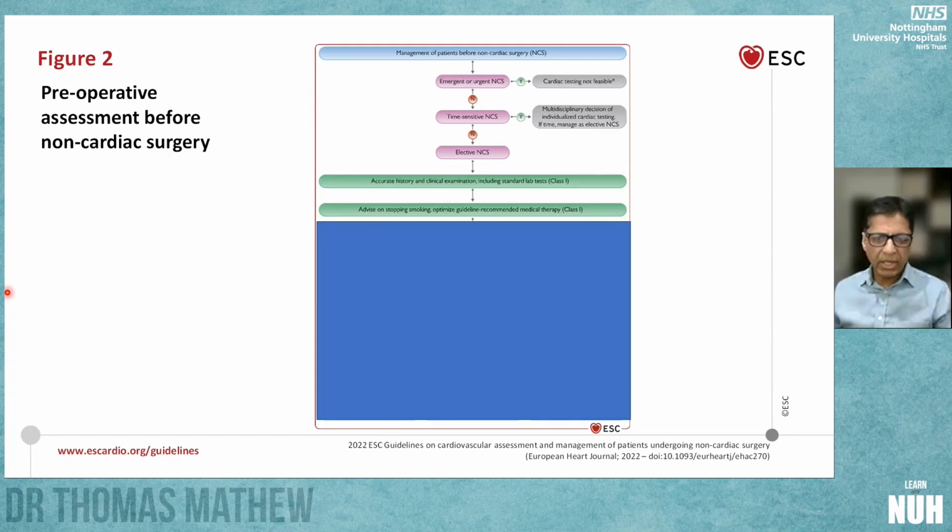There is also some guidance on emergency and urgent surgeries and time-sensitive surgeries. For emergency and urgent surgery, you would proceed as you would do outside of a cardiac setting, to save life or organs. So there is no time for assessment, no time for discussion, no time for optimization. You would proceed in the best interest of the patient.